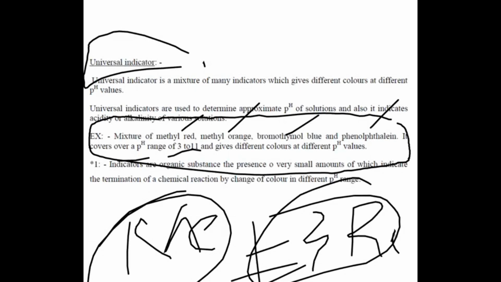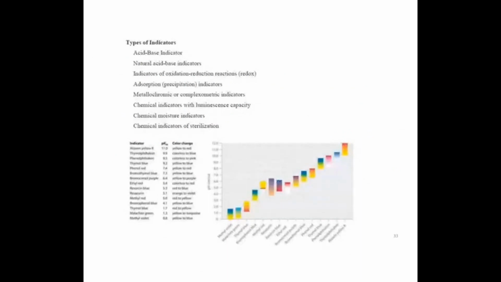And next is the types of indicators. Types of indicators: the acid base indicator, natural acid base indicator, indicators for oxidation and reduction, adsorption indicator, chemical indicators, chemical moisture indicator, chemical indicators for sterilization.